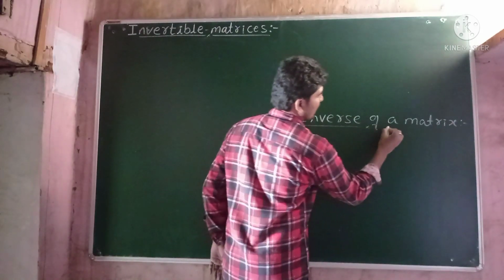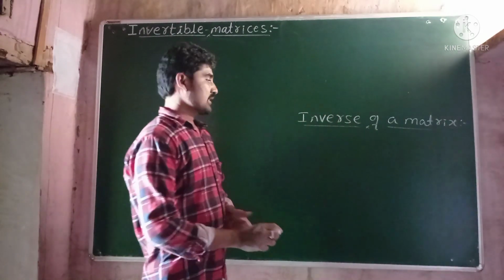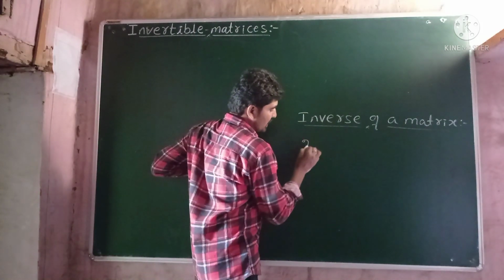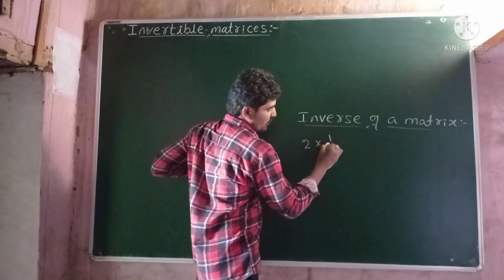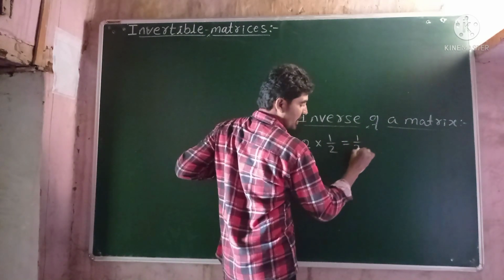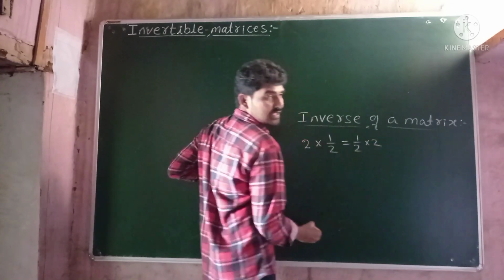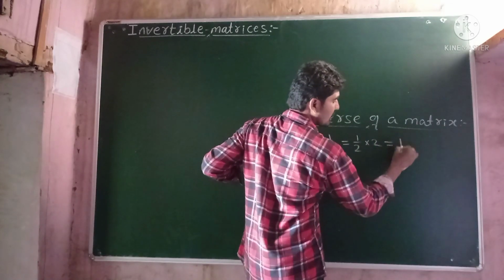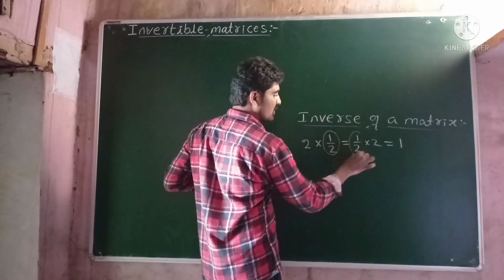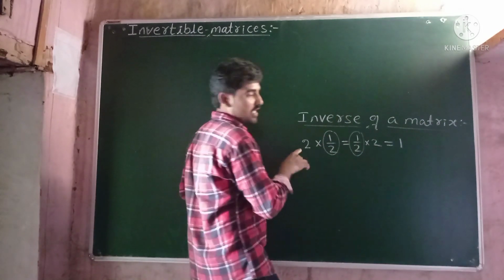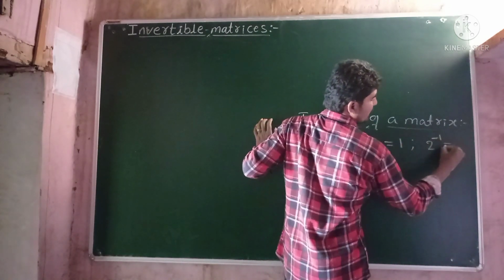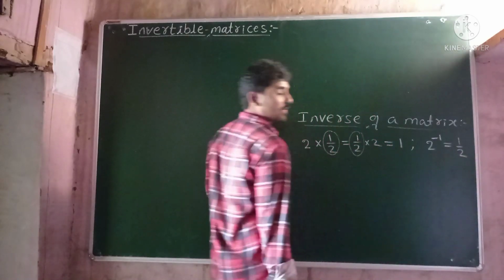For that, let us consider an example. In number system, if I multiply 2 with 1 by 2 or 1 by 2 with 2, answer is equals to 1. Then this 1 by 2 is called inverse of 2, and we write it as 2 inverse is equals to 1 by 2.